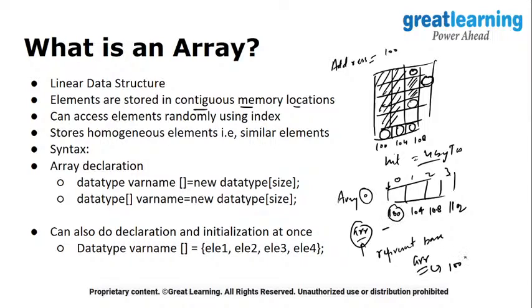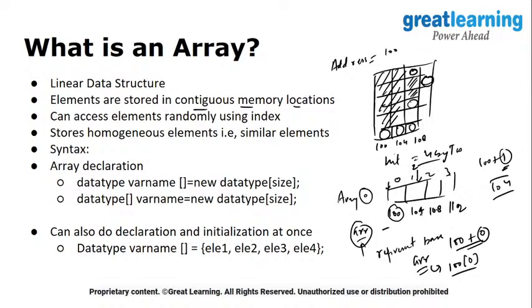Now let's talk about arithmetic. When you talk about this index, it is 100 plus 0. And for index 1, it is 100 plus 1. If you think about pointer arithmetic, this 1 represents 4 bytes, so you will be at position 104, which is your second element.